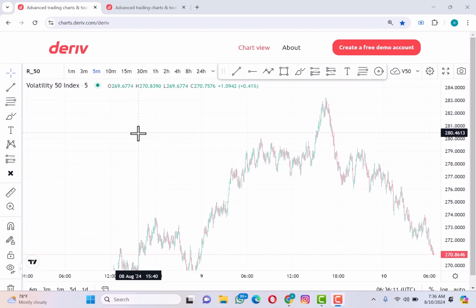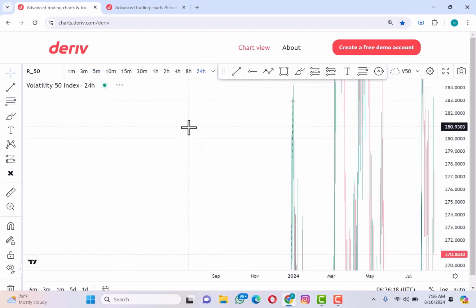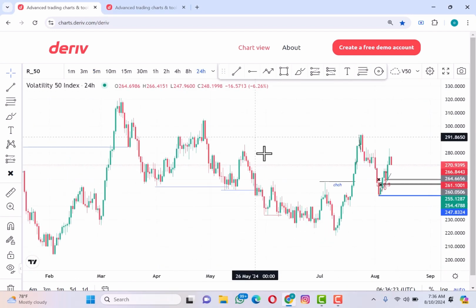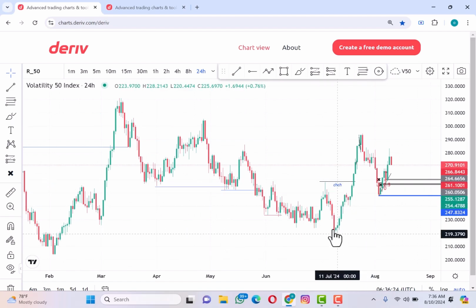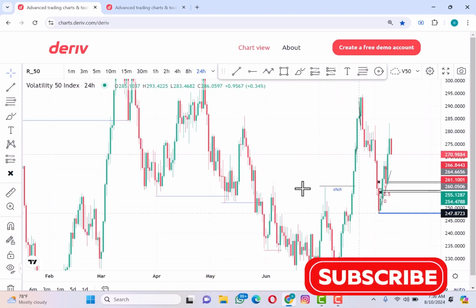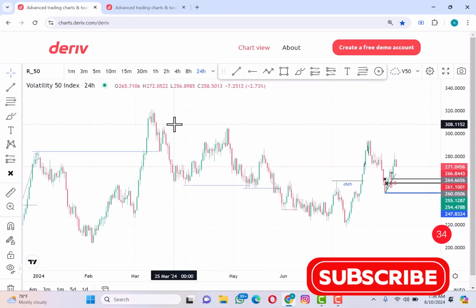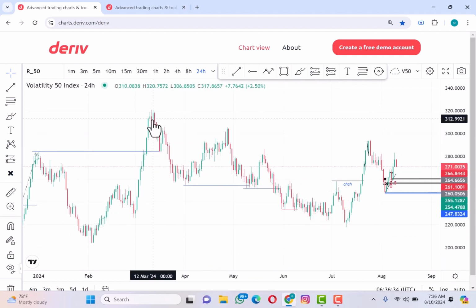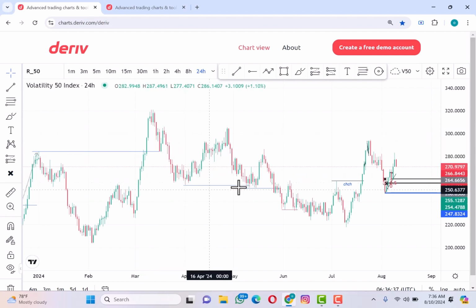Okay, so you know already that to start your top-down analysis, you simply have to go to the higher time frame to see what price is doing. Looking at the higher time frame, you can see that on this node, price has been trending, having a bearish momentum, creating a series of highs to lows, to a lower high, to a lower low, breaking structure to the downside in that order.